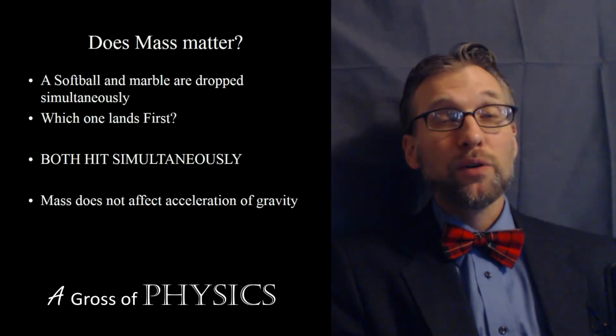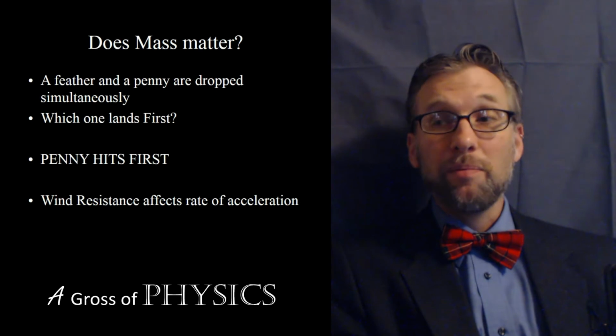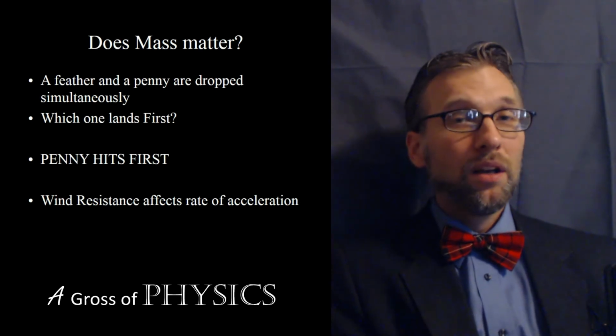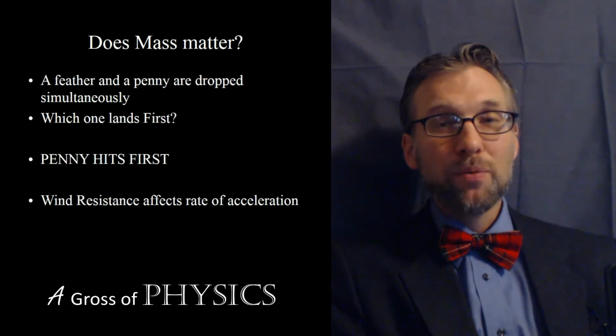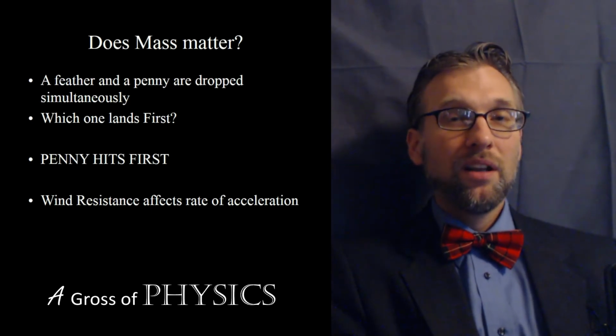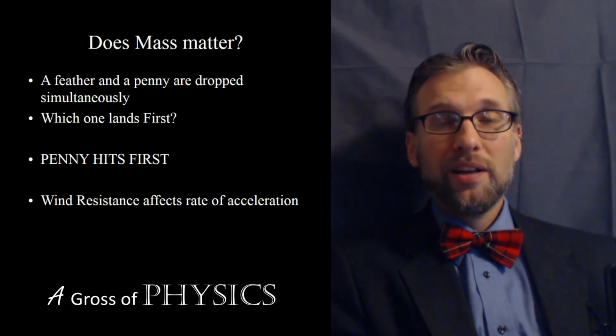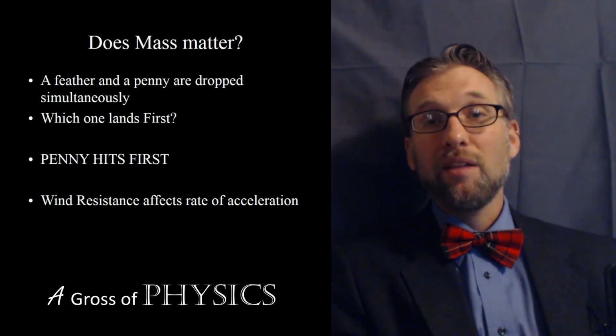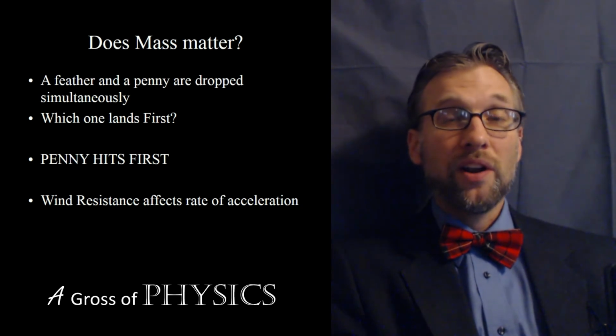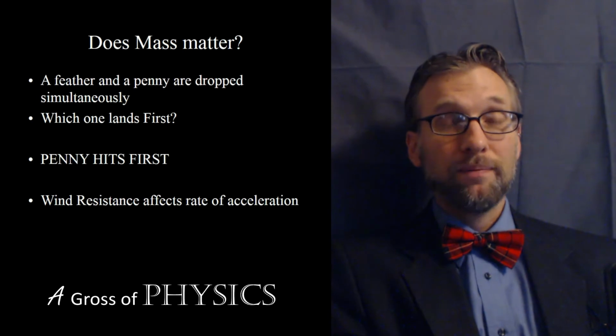In addition, if we were dropping a softball and a piece of paper, that's a significant difference in mass as well. Unfortunately, though, the paper will take longer to hit the ground. A classic physics experiment is using a penny and a feather to denote whether or not mass affects the acceleration.